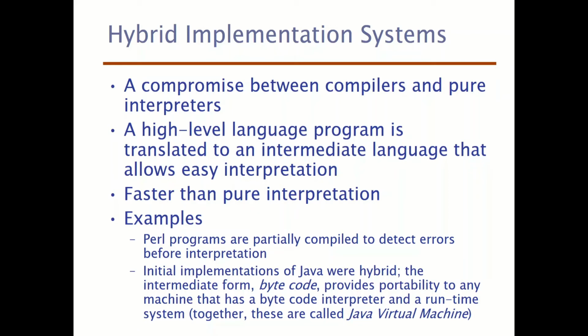Why? It's enough for you to have the interpreter of the bytecode in order to run a Java program. But also you need the runtime system, that's the Java virtual machine, and these are important for running any Java program. So if you have the bytecode and you have the Java virtual machine, then you can run any Java program, and this is exactly hybrid implementation.